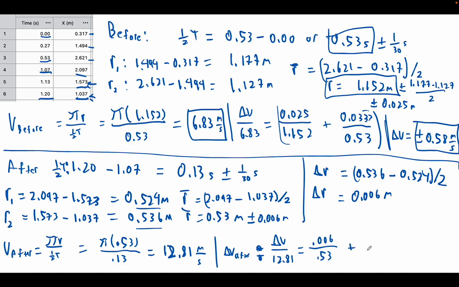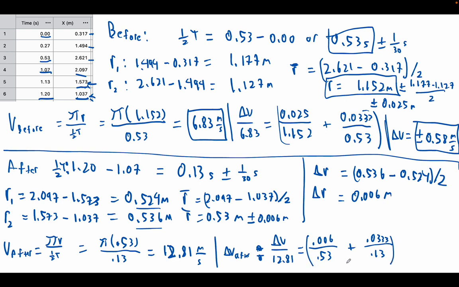Plus a 30th of a second, 0.0333, a bunch of threes, divided by 0.13. See, that's a significant amount of this number here. So our uncertainty afterwards is going to be considerably more.